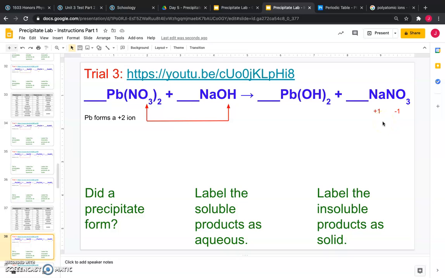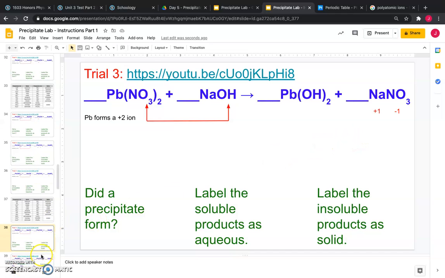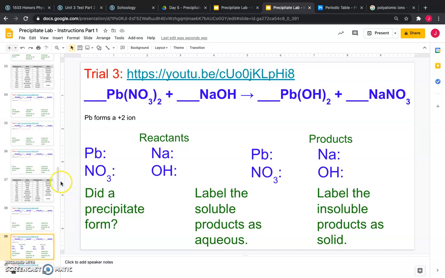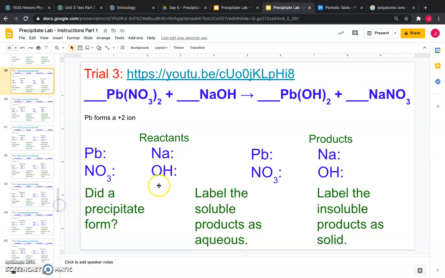Okay, and then lastly, we're just going to balance the reaction. So we've got lead, nitrate, sodium, and hydroxide as reactants and products.